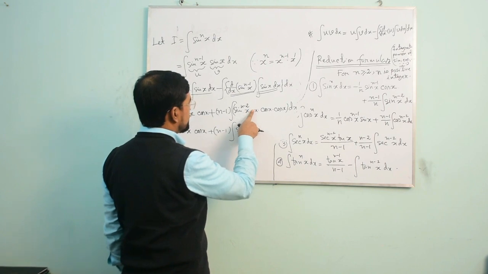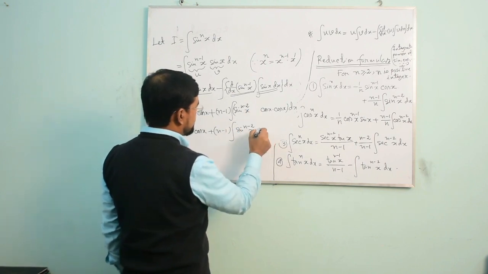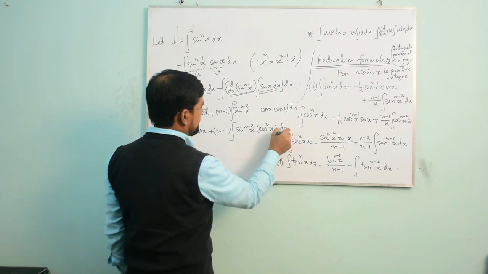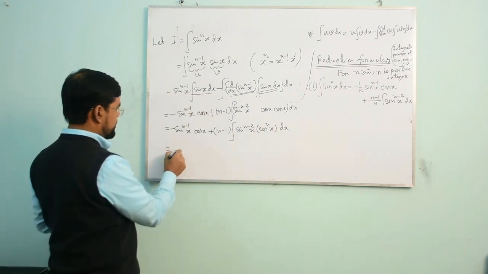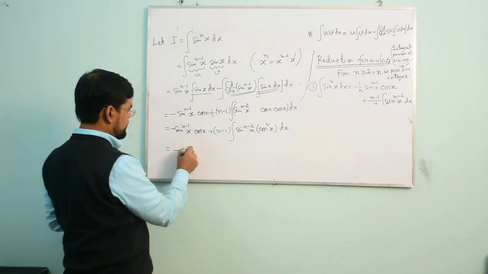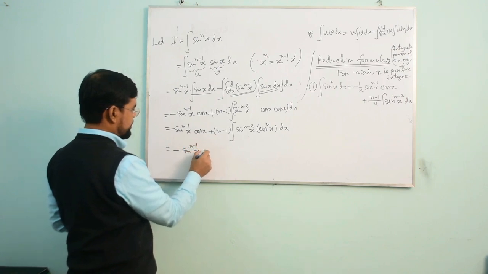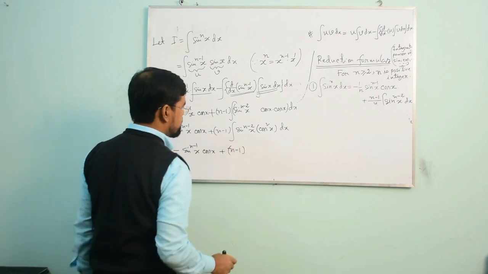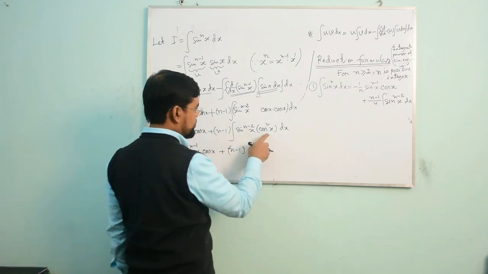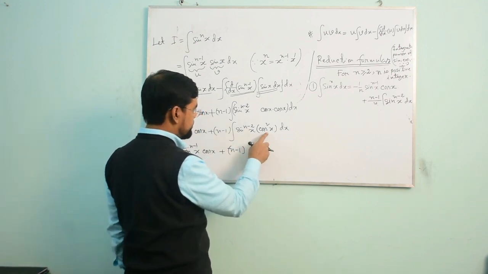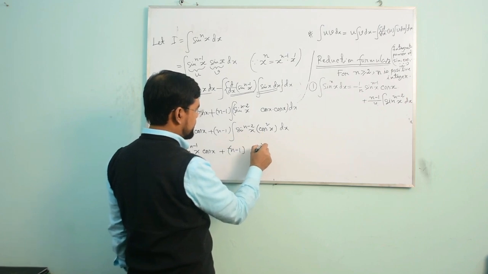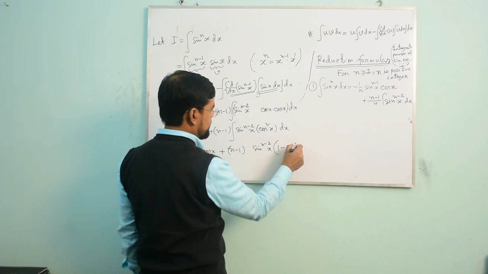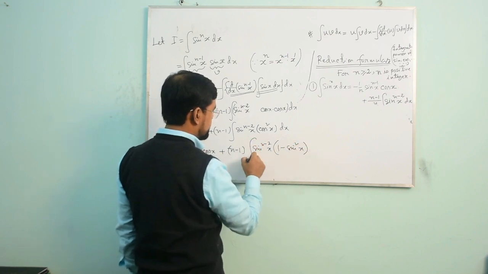You don't need to put dx inside. This equals minus sin to the power n minus 1 of x cos x plus n minus 1 times sin to the power n minus 2 of x into 1 minus sin square x dx, since cos square equals 1 minus sin square.